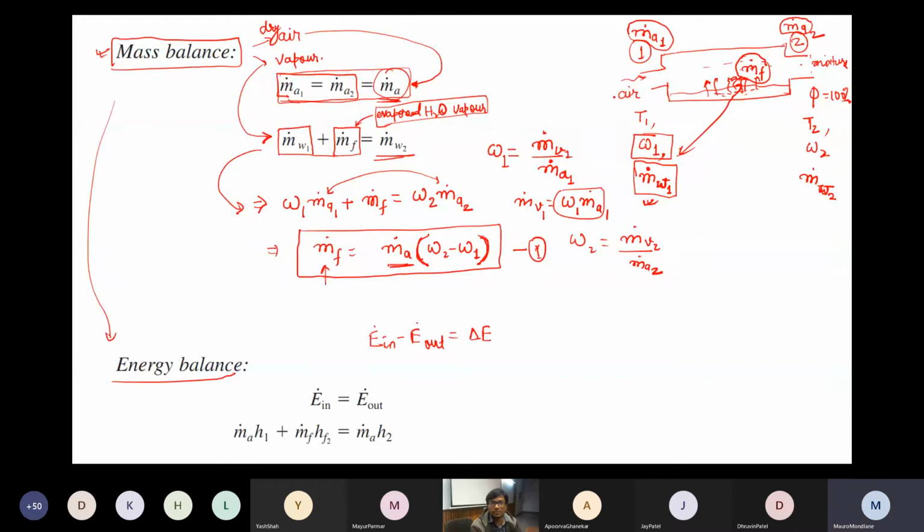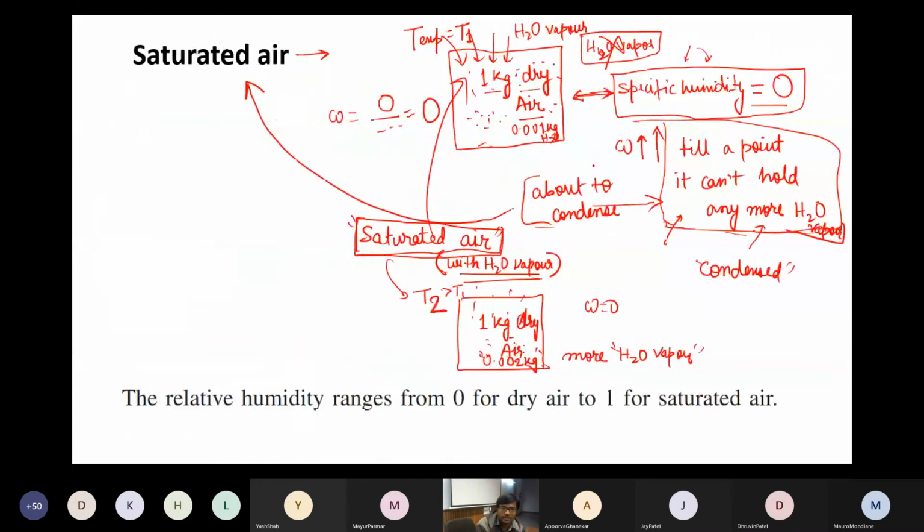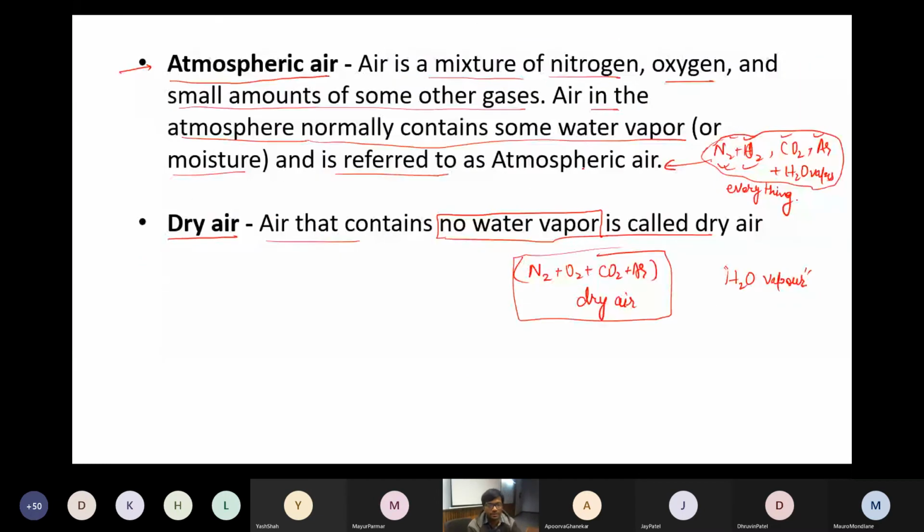Okay, so we have the total air here. So total air is going. Total air means it is composed of dry air plus the vapor. Since the beginning I'm talking about this thing. So what is your dry air? Dry air is the air that contains no water vapor. And what is your atmospheric air?